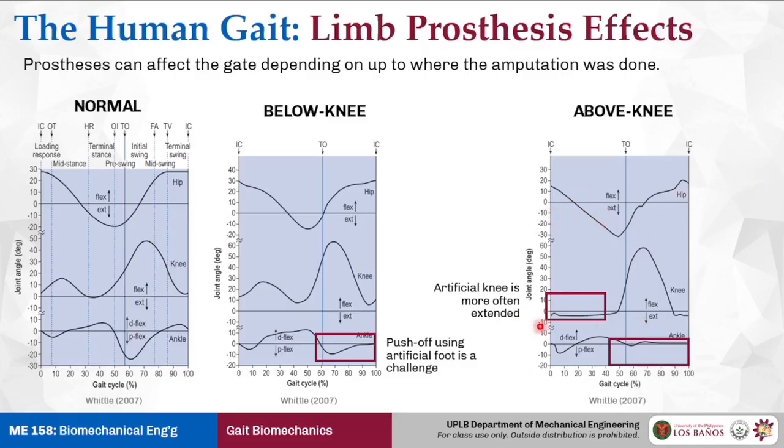So depending on the amount of leg that is replaced, the remaining natural parts of your body have to compensate for the loss of articulation. Even though you have a false knee or a false foot, there is some change in the behavior of your hip.